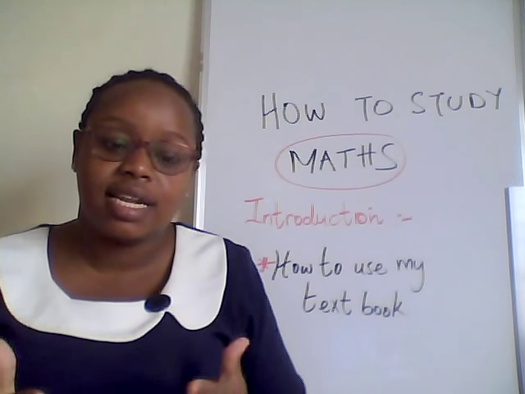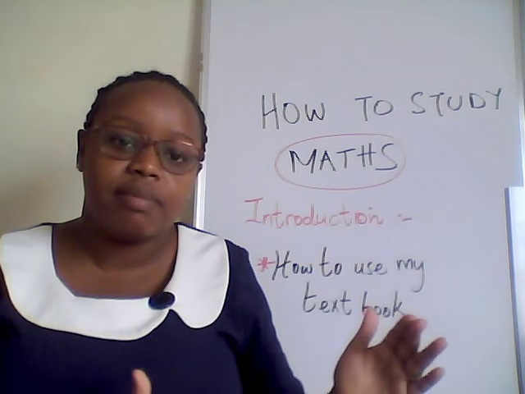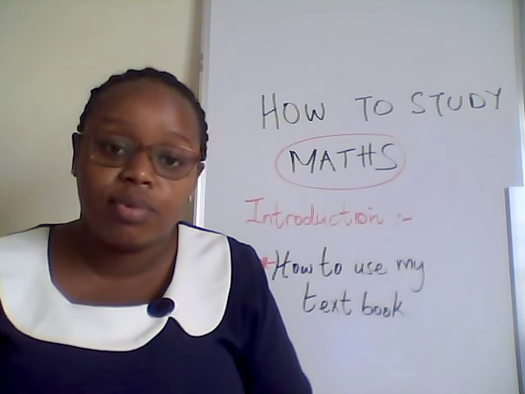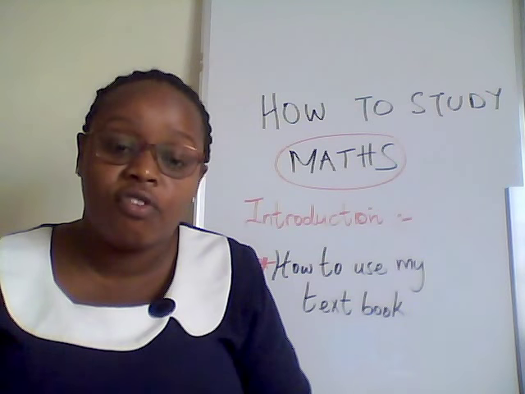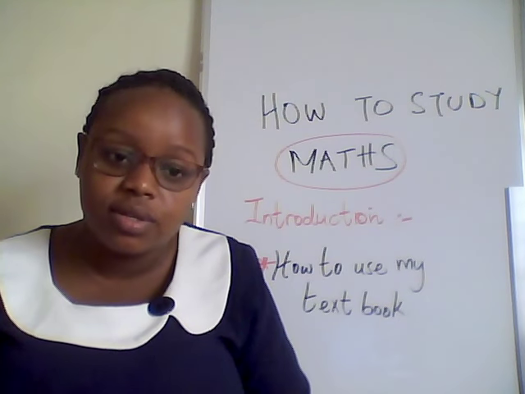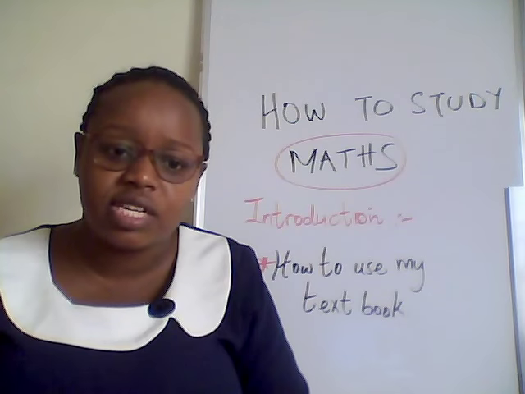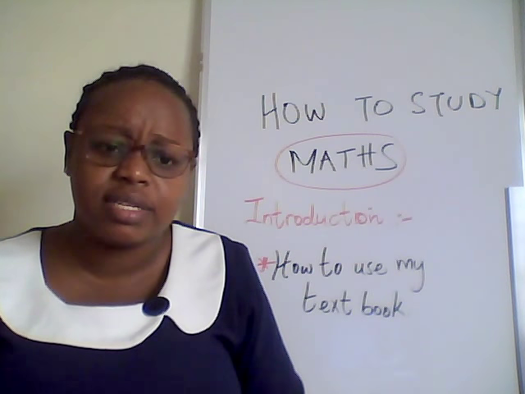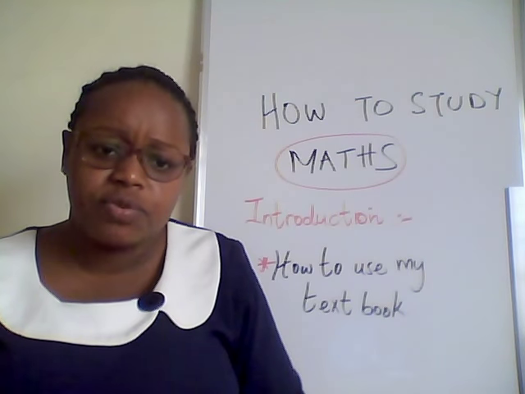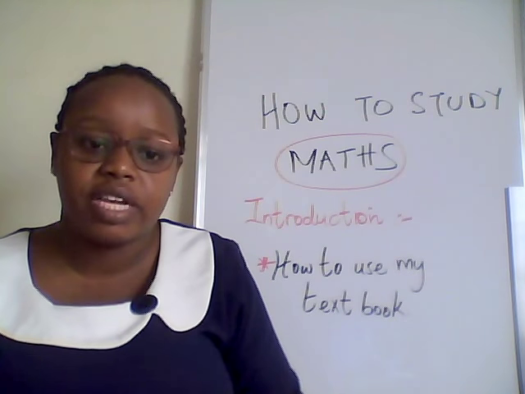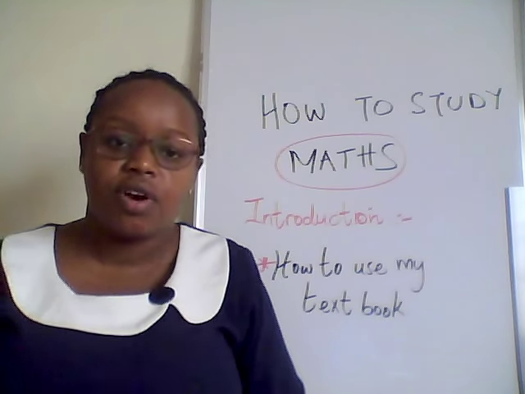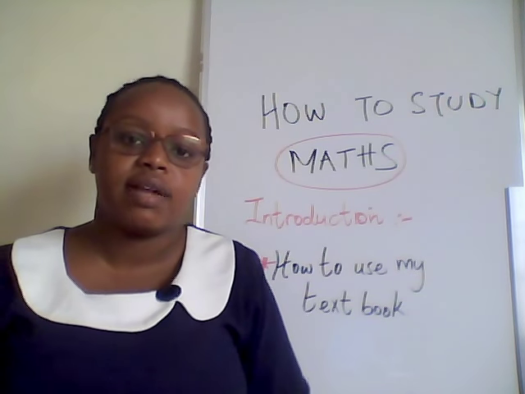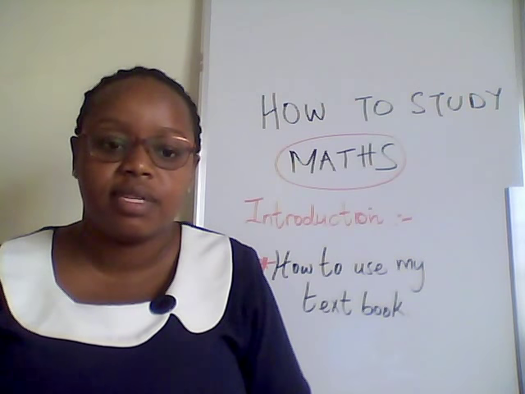Even if you are in Standard 8 and the fractions are being dealt with in Standard 4, consult the Standard 4 book, understand the concepts of fractions, how we write fractions, what we mean by fractions as a representation of a whole. And then you go building on to Standard 5, book 6, 7, and by the time you're getting to your textbook Standard 8, you have already understood the concept. But this one we're going to deal with in our next topic in building concepts in maths.